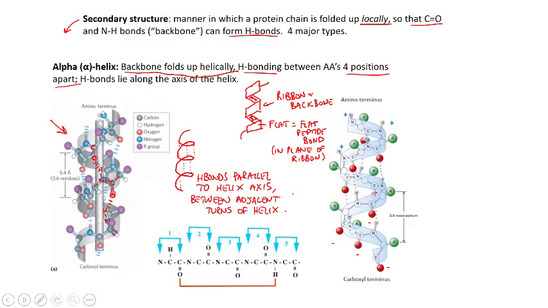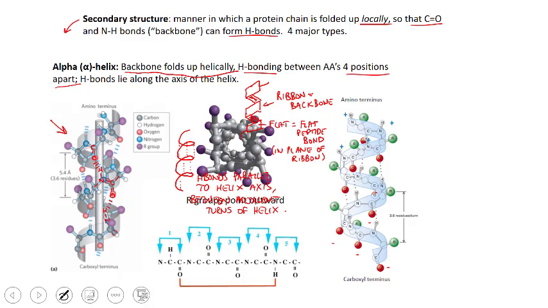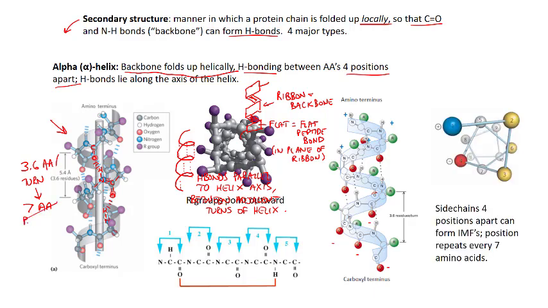Okay, your textbook and all textbooks make a huge deal out of the dimensions of the helix, which I don't personally care about. If you really, really care, we have about 3.6 amino acids for every turn. Or you can think of it perhaps better as we have 7 amino acids for every 2 turns.